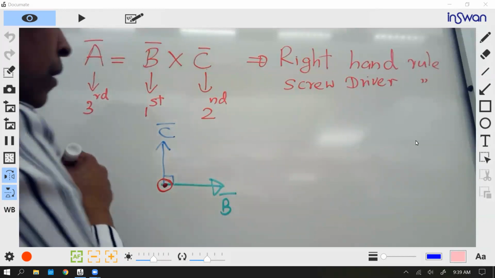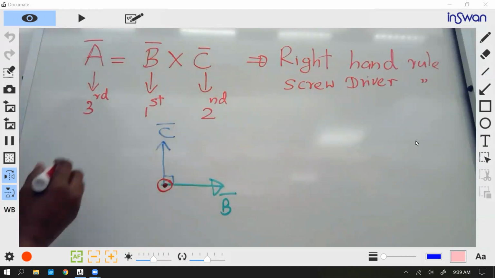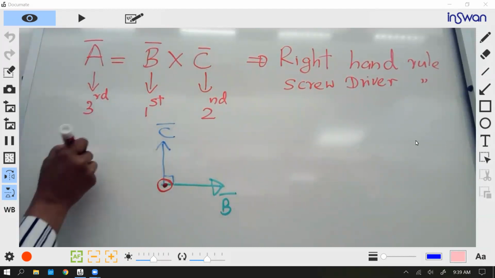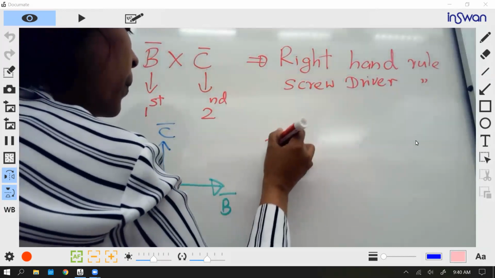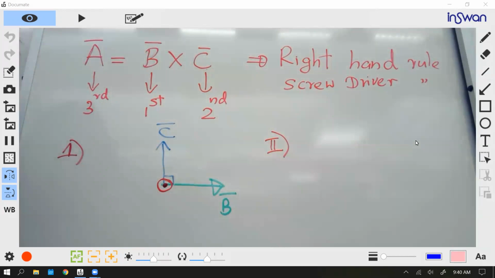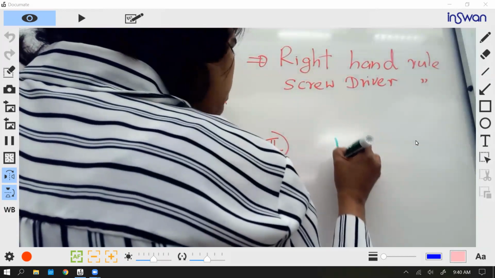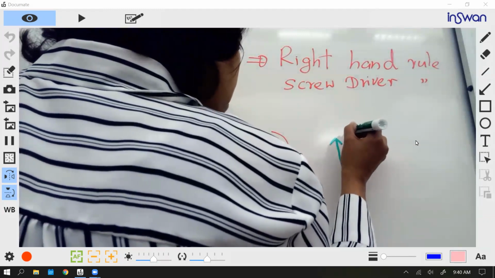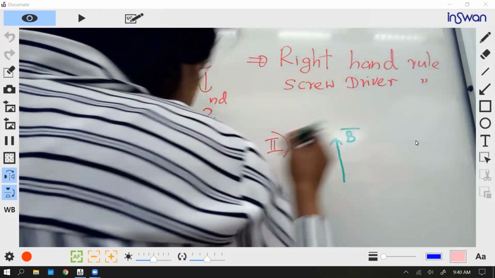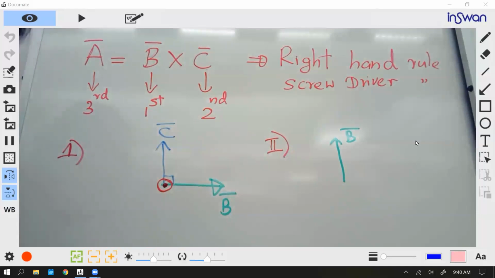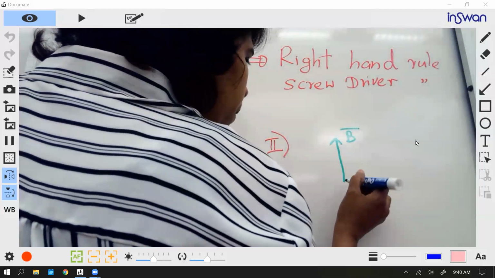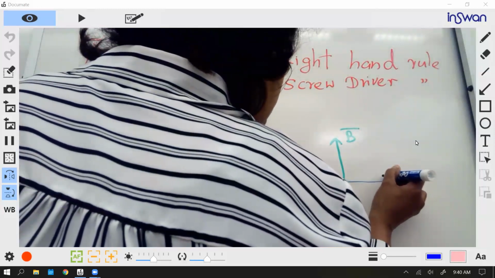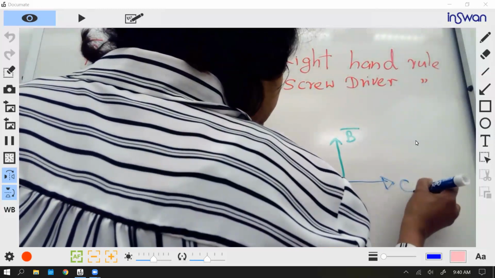Let's take another example. This is your second example. Vector B, I'm going to point upward, and vector C is right in here, right?